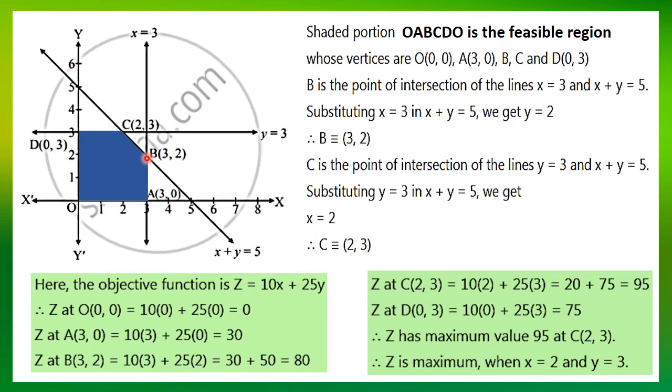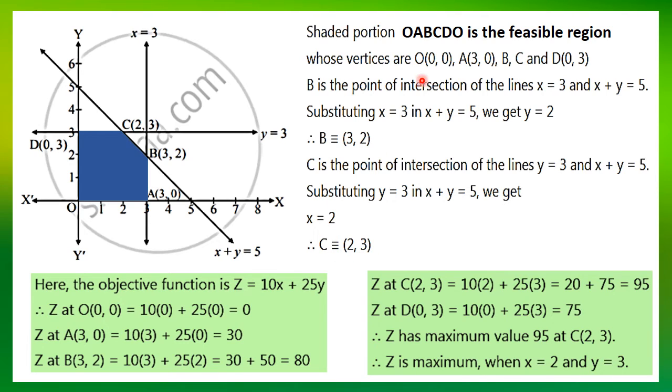And we have to find the coordinates of B and C by solving the equations x plus y is equal to 5 and x is equal to 3 for getting B, and to get the coordinates of C, we will solve the equations y is equal to 3 and x plus y is equal to 5, as these points are obtained by the intersection of these lines. So we can solve this and get the values. The coordinates of B are the ordered pair 3, 2 and the coordinates of C are the ordered pair 2, 3.